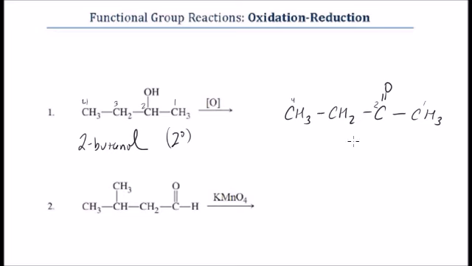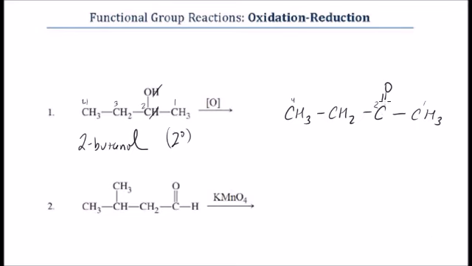All right, so we have everything there. Notice what we lost. We lost a hydrogen here, and a hydrogen there. So obviously the oxidation has pulled off these 2 hydrogens here, and we are left now with a ketone.